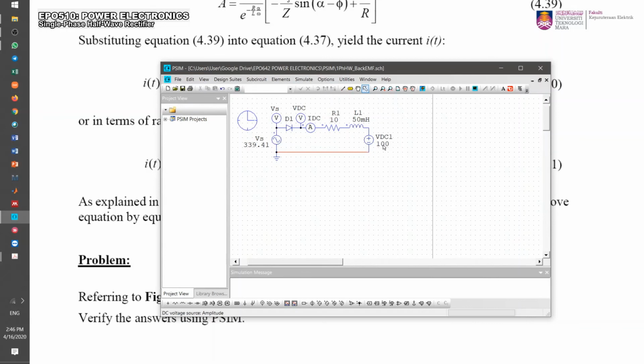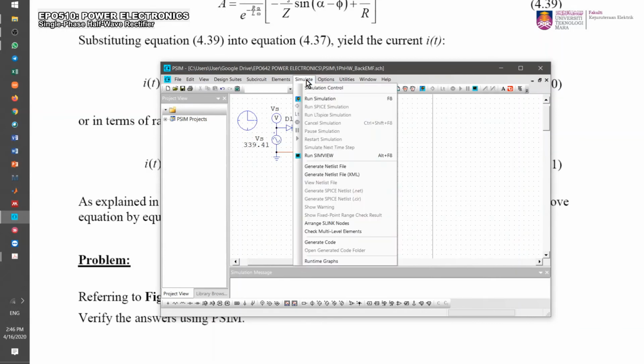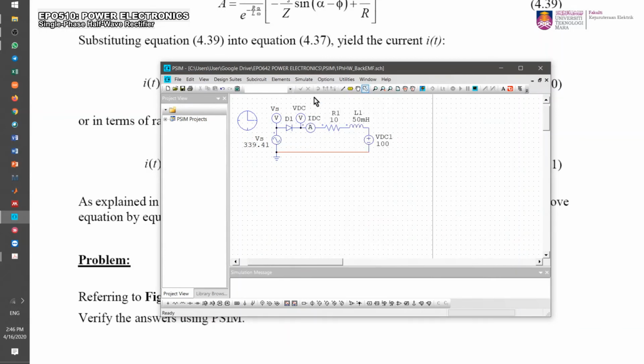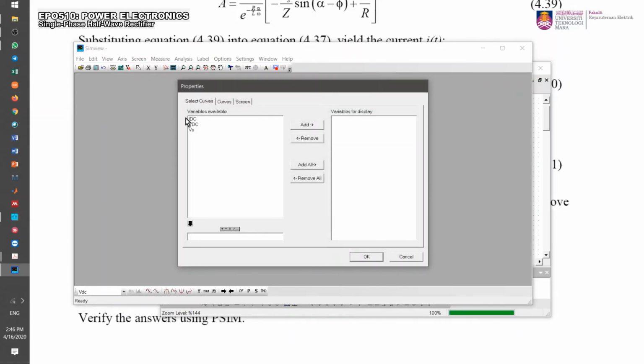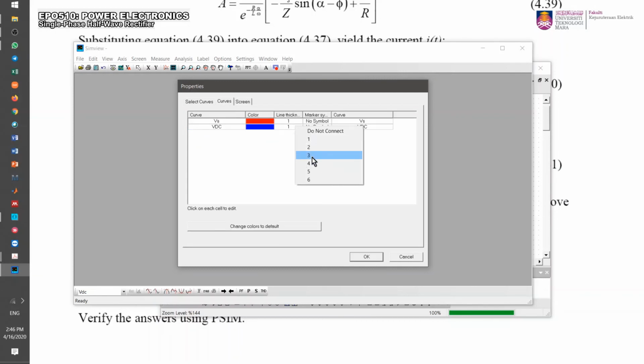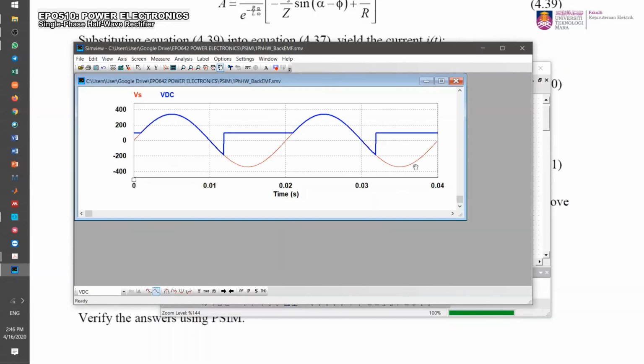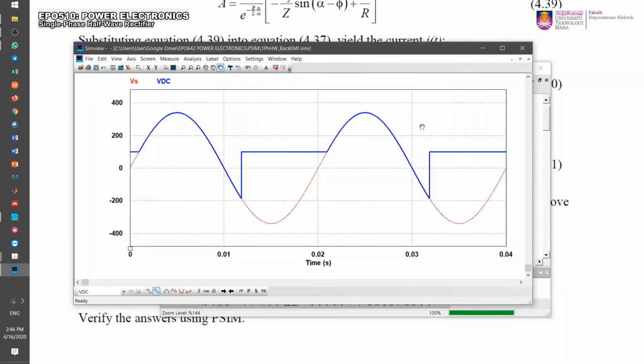So we have VDC of 100 volt, and then go to run the simulation. Okay, so just put VS and VDC and make sure that VDC is bold, then you get that waveform, isn't it? So you can find this beta. How to do it?